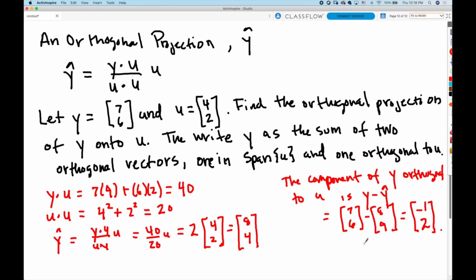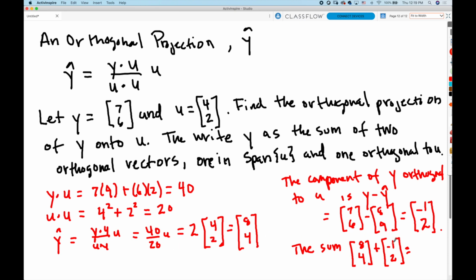All right, the sum of these two vectors is going to be 8, 4 plus negative 1, 2. All right, so I'm going to add my component of y orthogonal to u with my orthogonal projection.